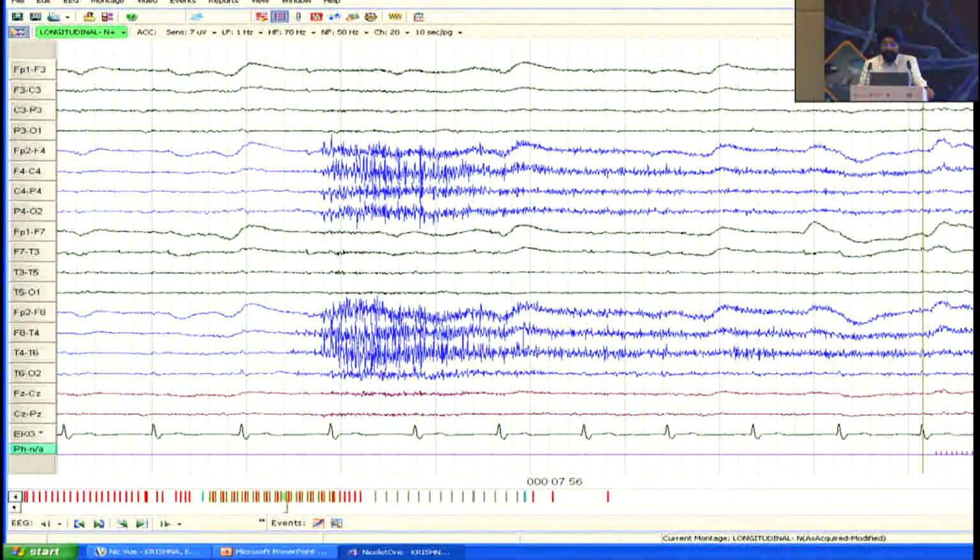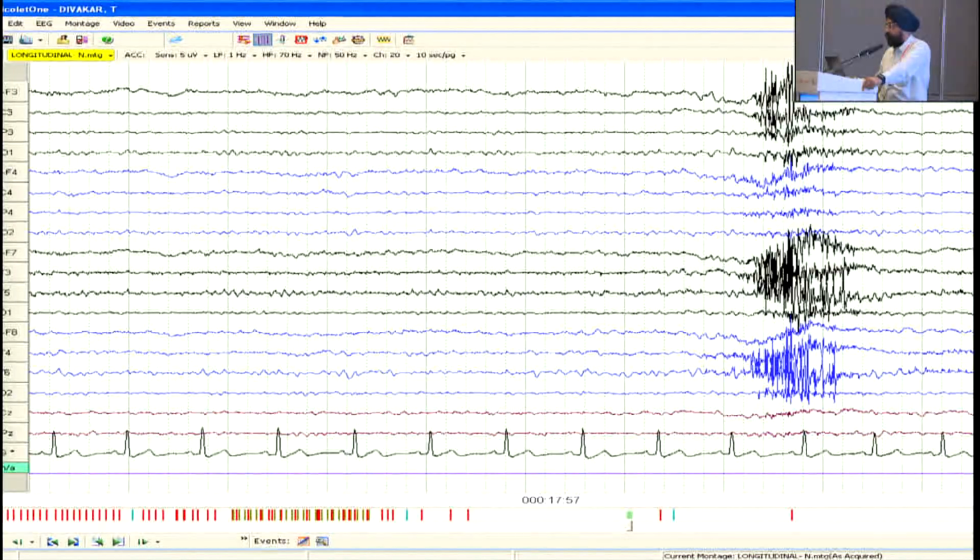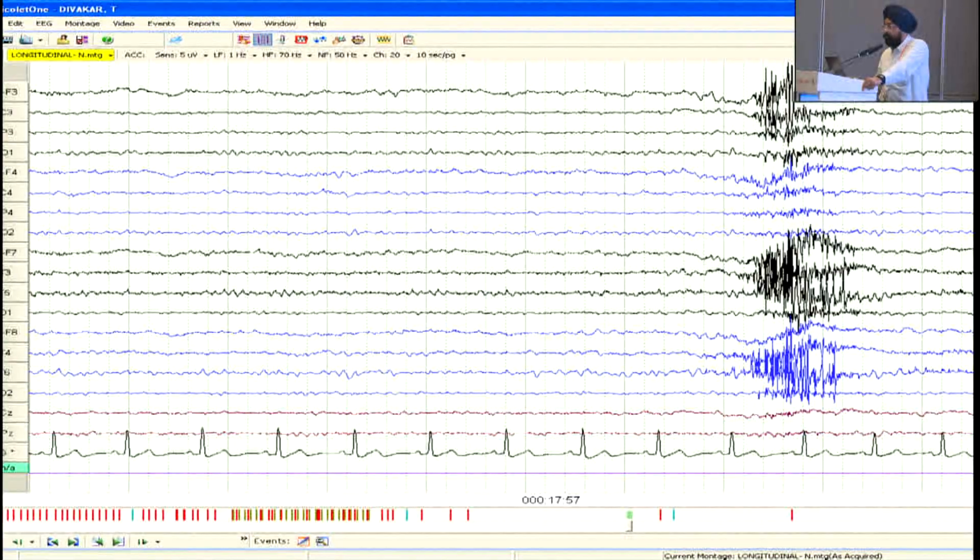This is occurring on the right side on the anterior as well as on the lateral leads. Now if you see, this is diffuse, occurring more on the left side. However, we can see it over the frontalis as well as on the temporalis muscles also. So these are the classical muscle artifacts that you see in the EEG.